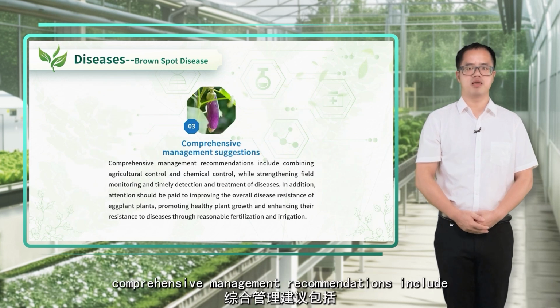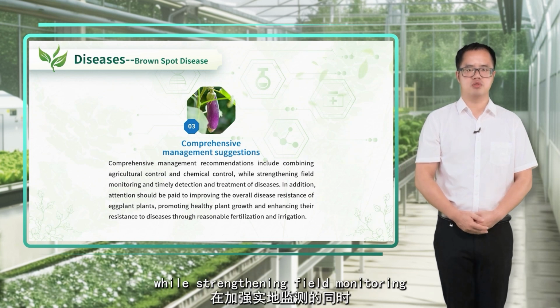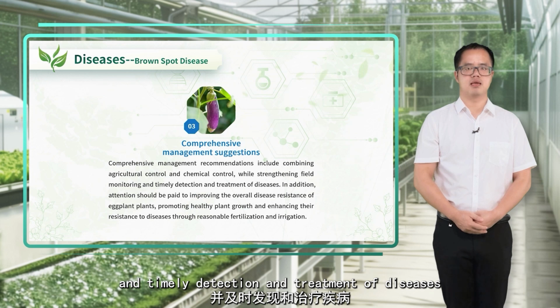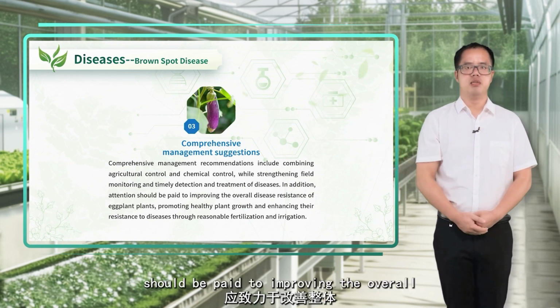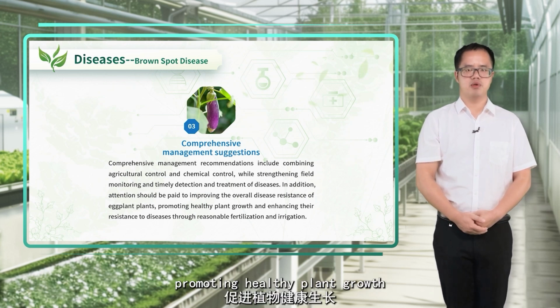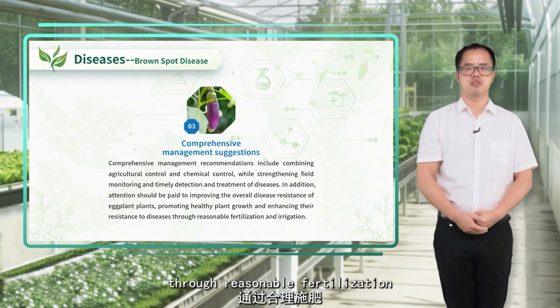Comprehensive management recommendations include combining agricultural control and chemical control, while strengthening field monitoring and timely detection and treatment of diseases. In addition, attention should be paid to improving the overall disease resistance of eggplant plants, promoting healthy plant growth, and enhancing their resistance to diseases through reasonable fertilization and irrigation.